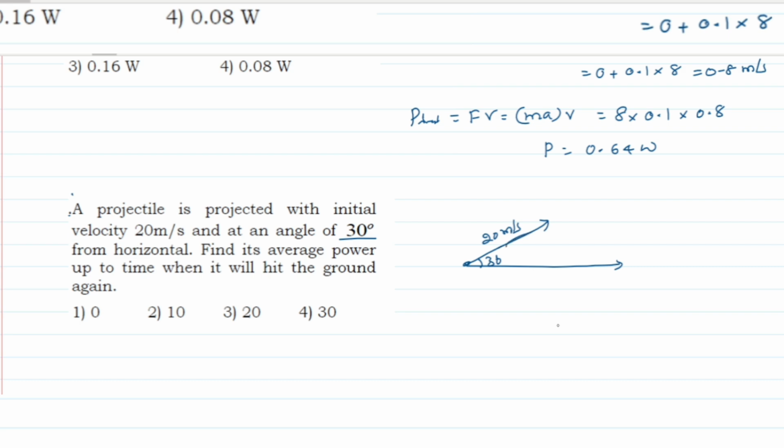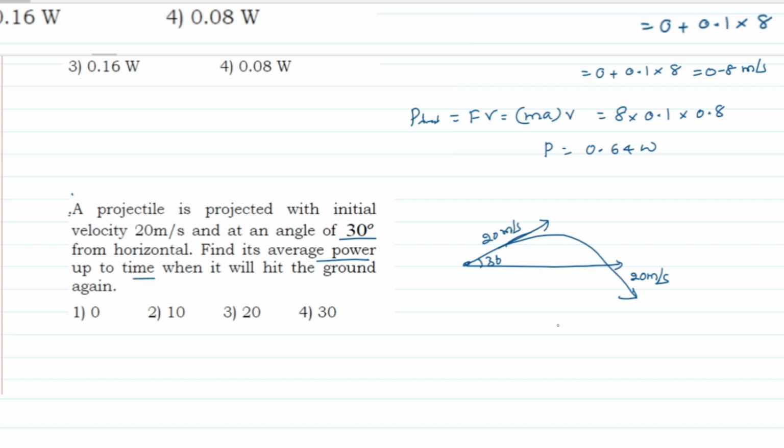The moment we project it, it is going to hit the ground like this. In projectile motion, we learnt already, with 20 meter per second if you are projecting, the velocity with which it reaches the ground is 20 meter per second alone.